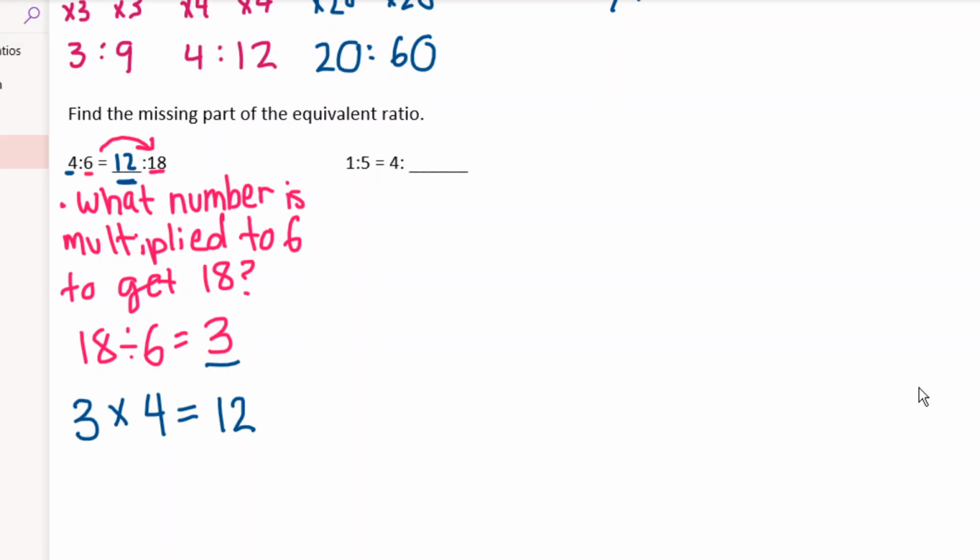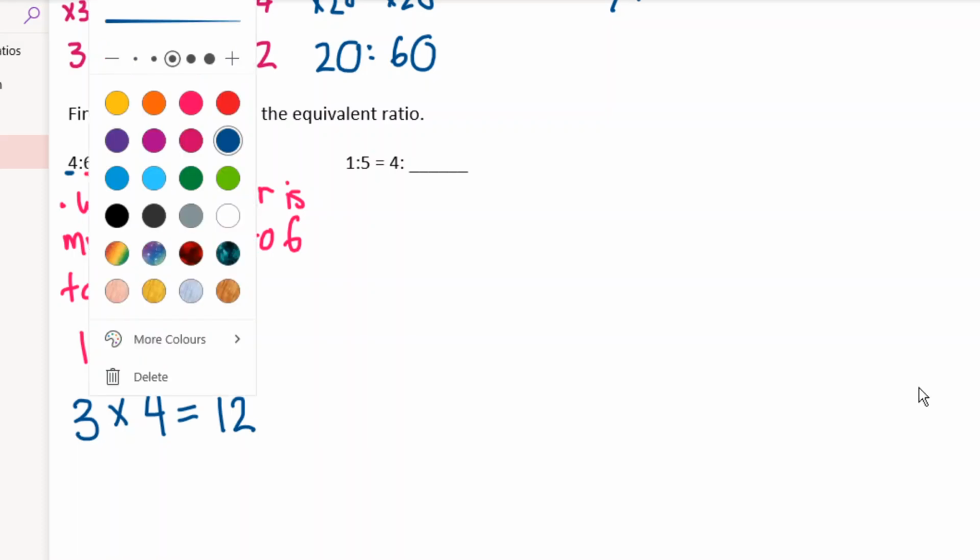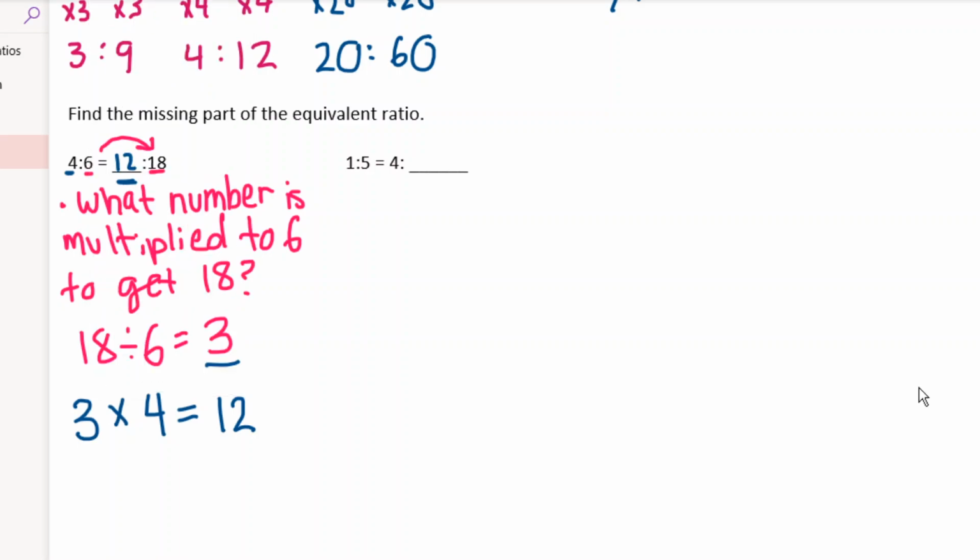All right, let's try one more. So this time, the side that we have is the left side. We have 1 and we have 4. Now, 1 is smaller than 4. So something was multiplied to that 1 to get 4. And it's 4, right? We can do it this way: 4 divided by 1 equals 4.